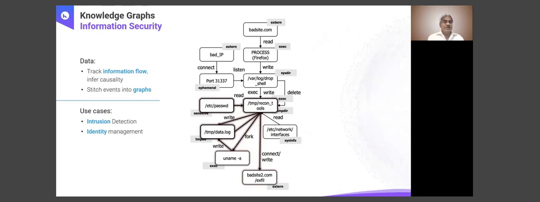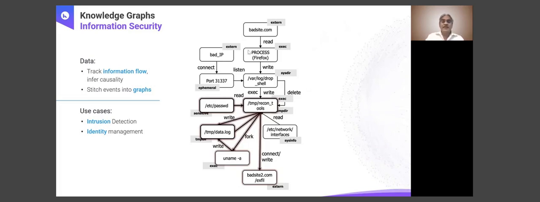The final kind of knowledge graphs I'll show you are from the information security area. So I was telling you earlier that we worked with a multinational company on real-time intrusion detection in networks. So here is an interaction graph that was actually built by our system for this company over a period of time.